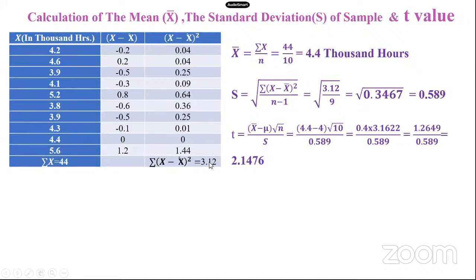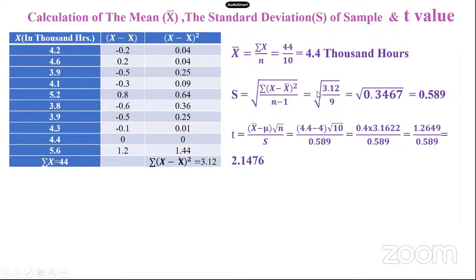Now put the values in the formula of standard deviation. Standard deviation is equal to the square root of the sum of x minus x bar whole square, which is 3.12, divided by n minus 1. n is 10, minus 1 is equal to 9.